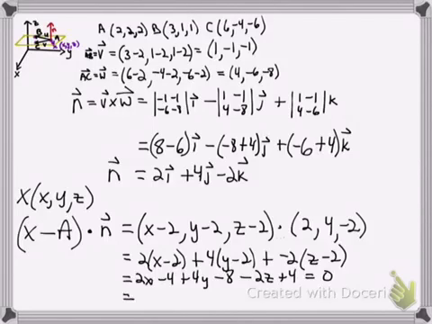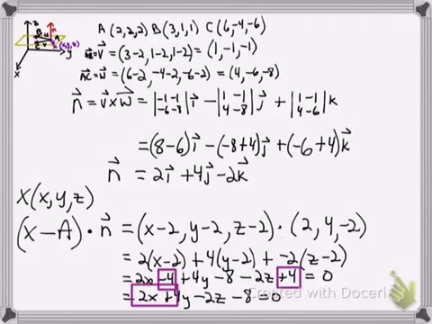And then I'll simplify. So 2x plus 4y minus 2z, and for the constants we just have negative 4 and a positive 4. They'll cancel, and that will leave a negative 8 equaling 0.